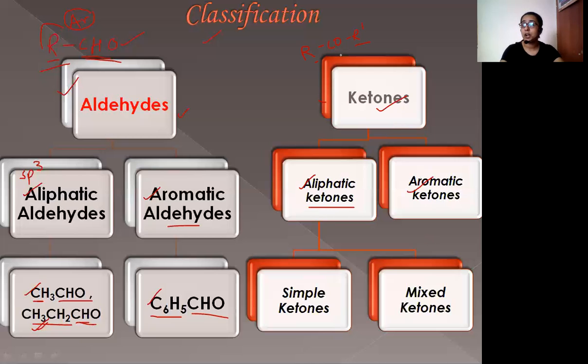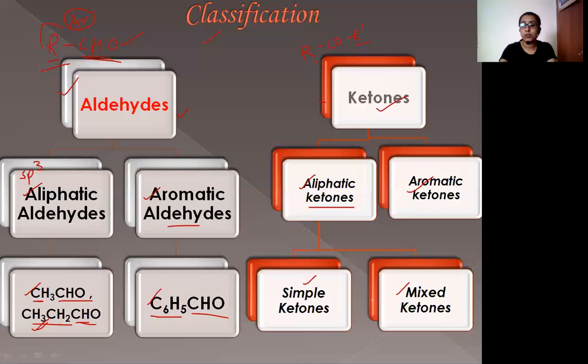And when both the R groups are alkyl groups, at that time it is aliphatic ketones. Aliphatic ketones are further classified as simple ketones and mixed ketones.